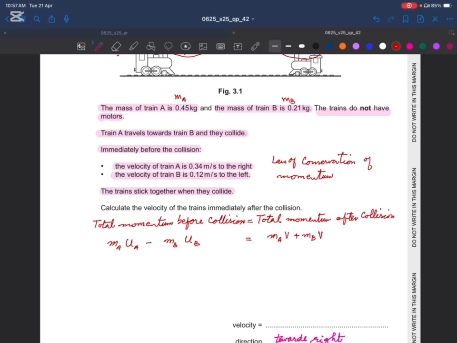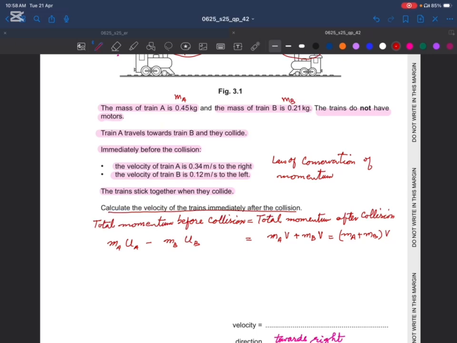What is V? V is basically the velocity after collision. So simply you can take this velocity as common, and as they are asking, calculate the velocity of the train immediately after the collision. So basically, you are going to calculate the value of V.